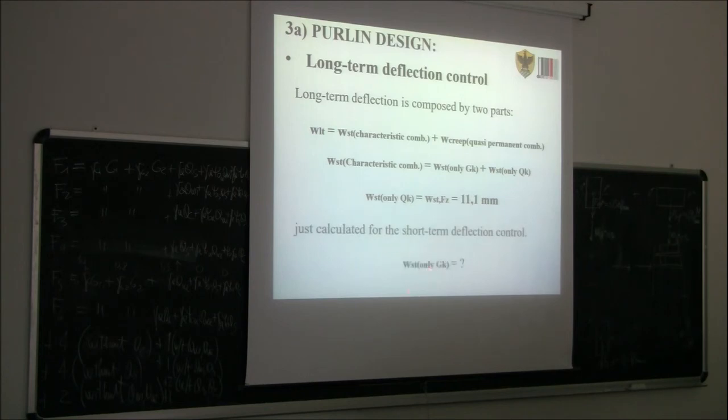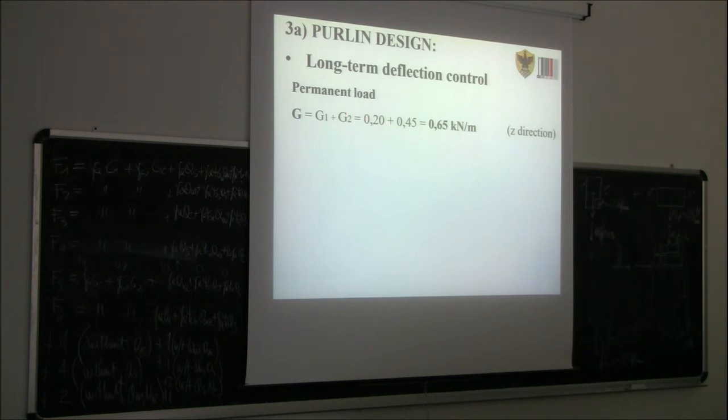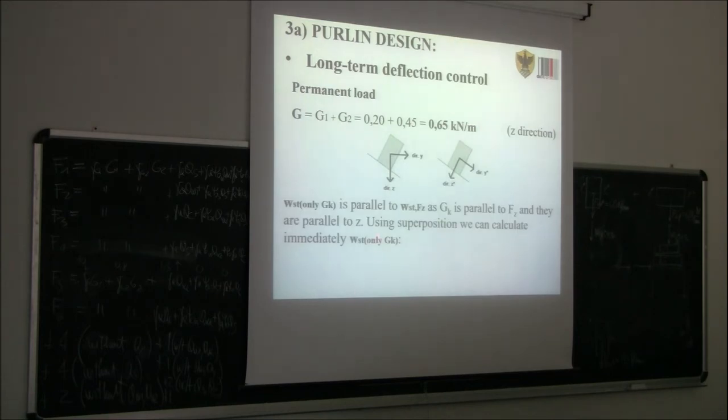The short-term deflection due to only permanent loads: since the sum of the permanent loads is 0.65 kN per meter, applied in the Z direction, and since GK is parallel to FZ, we can use the superposition principle to calculate immediately this quantity, WST of only GK. So we can do this proportion.